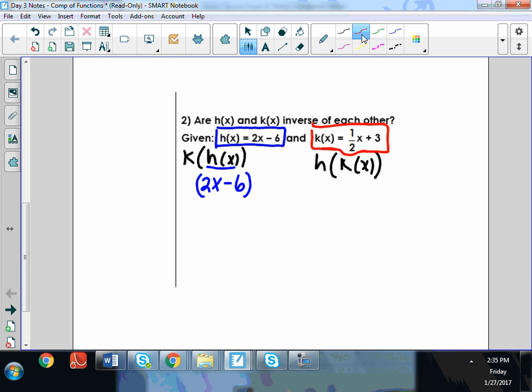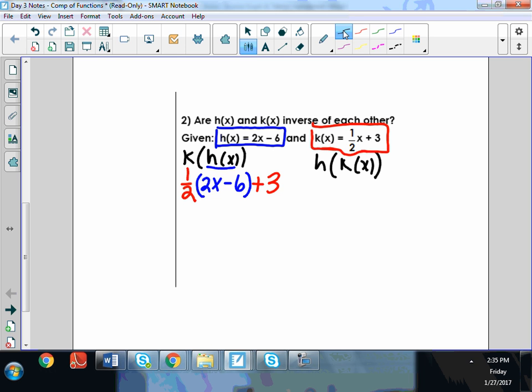This is my new x. So in front, I have 1/2, and on the end, I have +3. Okay, so that'll kind of help you set it up. Instead of k of x, we replace the x with h of x. So I started from the inside, wrote my h of x, and then I just built k around it.